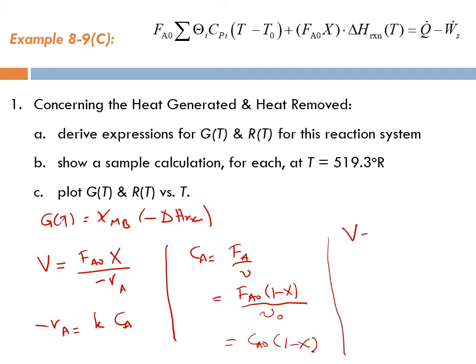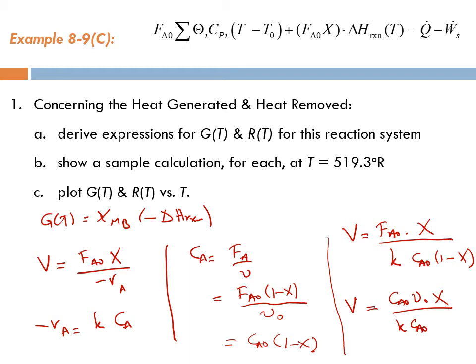So we have V equals FA naught times X, and then we have minus RA equals K times CA, and for that we write CA naught 1 minus X. Okay, so we can go further, and we have here V equals, the FA naught could be written as CA naught times epsilon naught times X divided by K CA naught times 1 minus X. Okay, can we simplify?